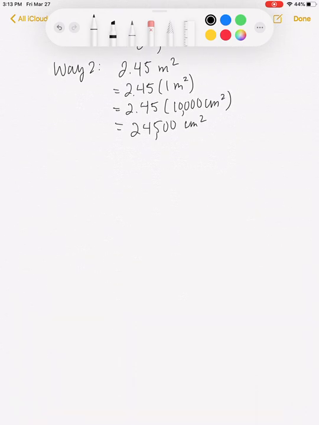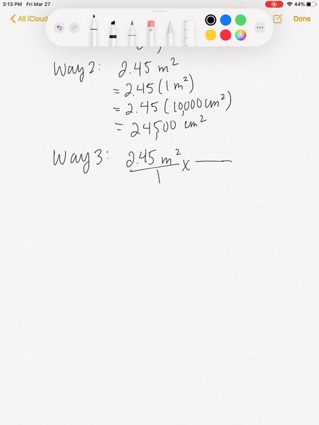With our way number 3, this is my preferred way because I like conversion factors. We have 2.45 meters squared over 1. Our goal is to get to centimeters squared, but we're going to do it with just one of the conversion factors we already know. We know that for every meter, there is 100 centimeters.